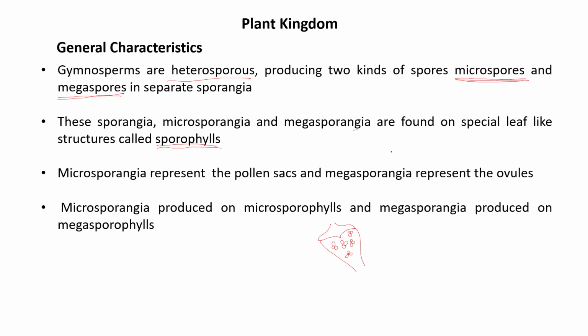Microsporangia represent the pollen sac and megasporangia represent the ovules. Ovule structure we will see in the next slide. Microsporangia are produced on the microsporophylls. So this is the microsporophyll and this is the microsporangia.